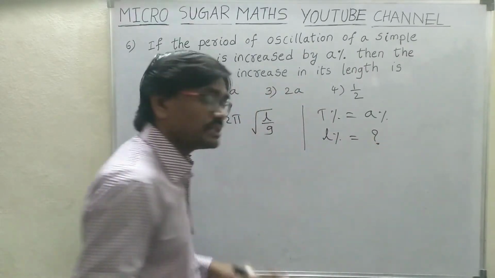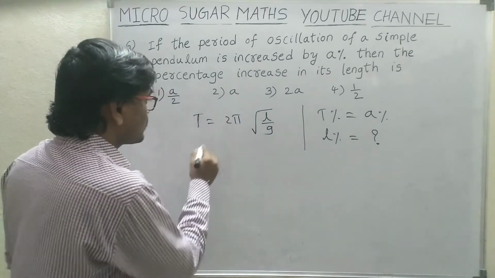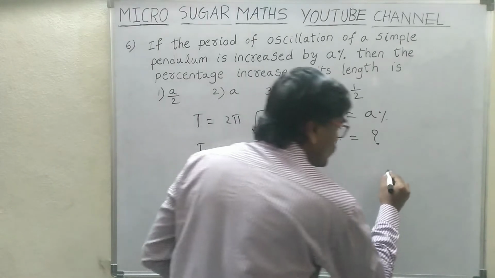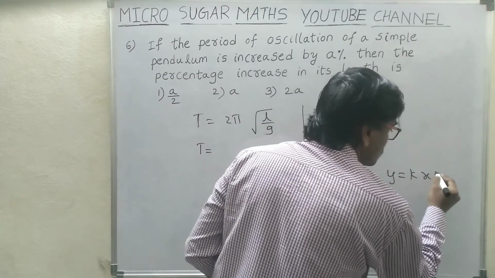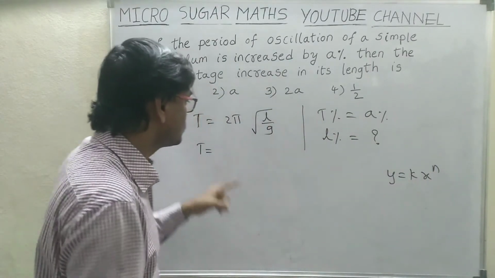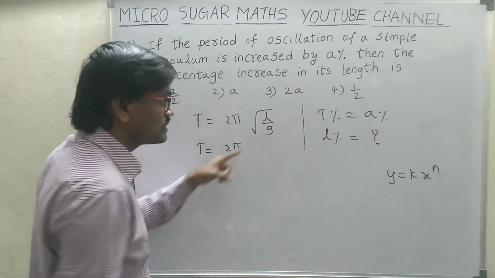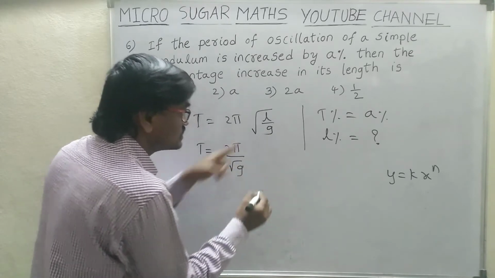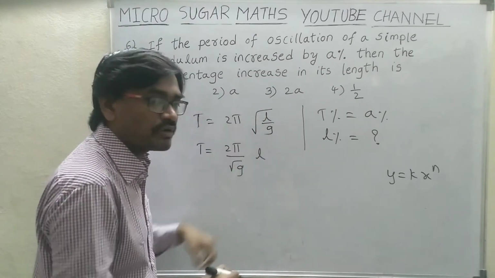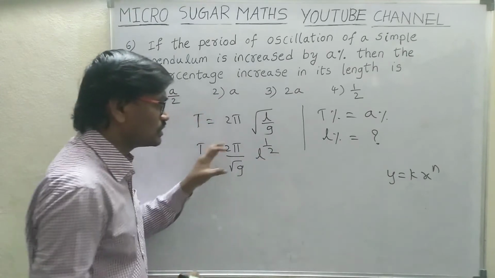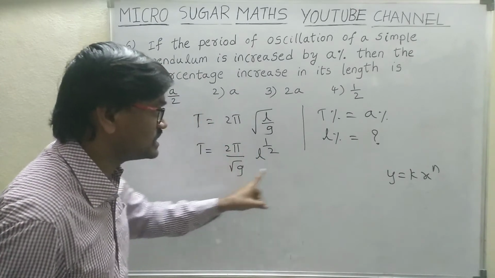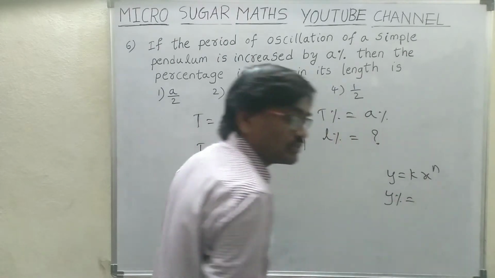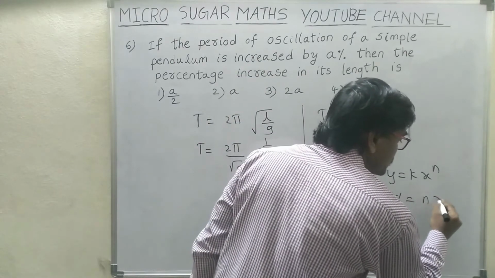What is the length percentage? Now students, first write down the relation between L and T as y is equal to k into x power n. Here 2 pi is a constant. Next constant is root g. Write down root g. Next L power. What is the power? 1 by 2. Therefore your k is 2 pi by root g. Then y percentage is equal to n into x percentage.